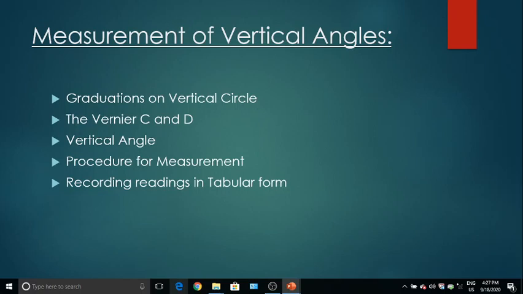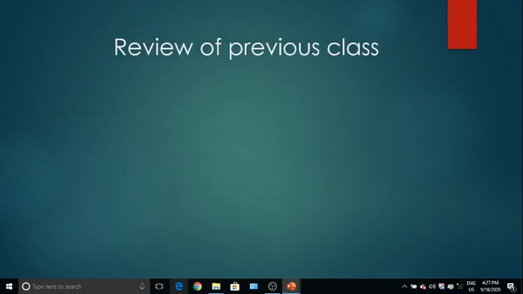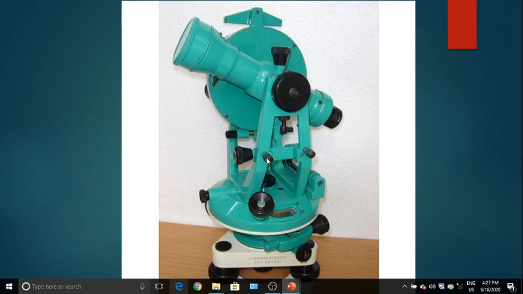And you can use the vertical circle tangent screw. I will show you what the vertical clamp and vertical tangent screw are. That is why I have placed your photograph just beside your title. In this particular diagram, this is the vertical clamp screw, and the screw corresponding to the vertical clamp is called the vertical tangent screw.